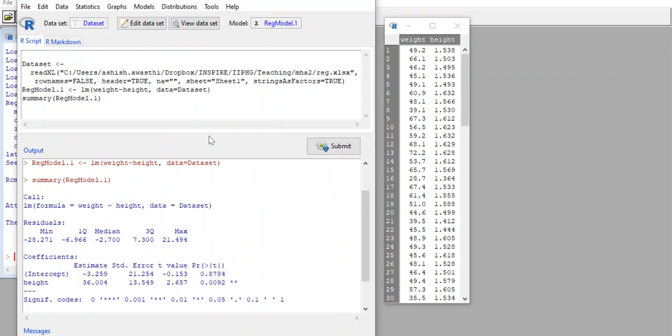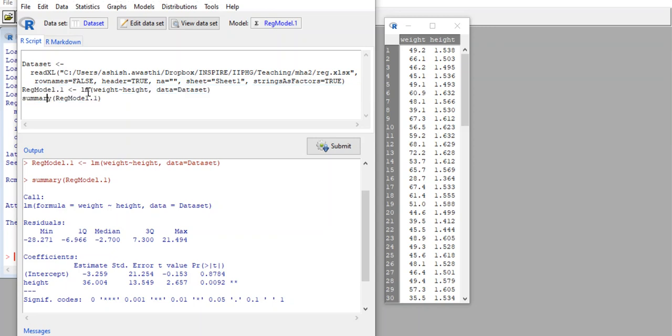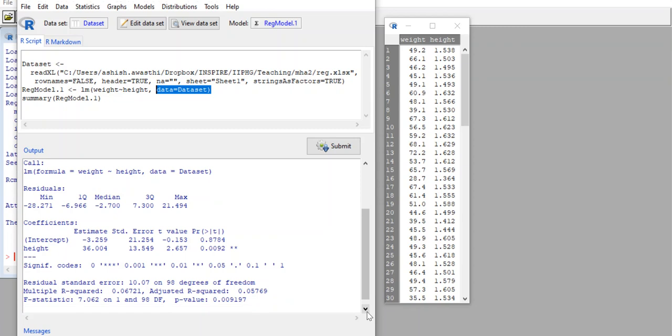Before going to the result, I will explain that this is the model. You can perform the same thing by writing the model in R. It is a regression model and it is linear regression, it is lm, and you have done weight to height. So weight is your dependent variable and height is your independent variable, and this is the name of your data set.